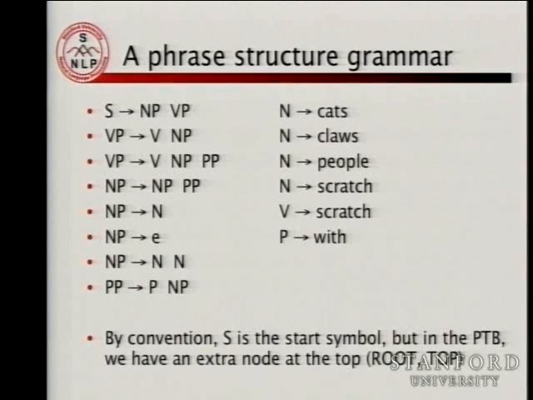Okay, so here's our simple little phrase structure grammar. Normally, by convention, people call S the start category of their phrase structure grammar, and when it's not written down, you assume that. Actually, if you look at the Penn Treebank, it has an extra node above S, which is normally referred to as root or top, which is really useful in practice, because it turns out that not all sentences in newswire are sentences.